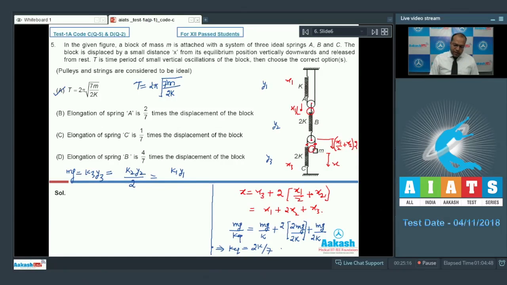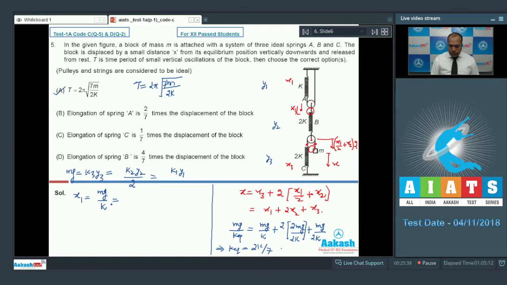In order to calculate the validity of other options, suppose in option B, elongation of spring A is 2 by 7 times the displacement of the block. If I see the further elongation in A, that is xA or x1, this is equal to mg by k.